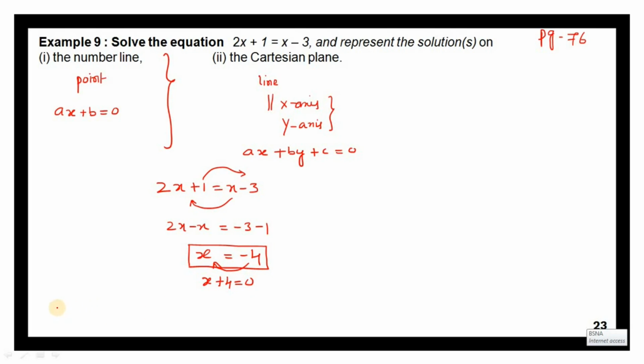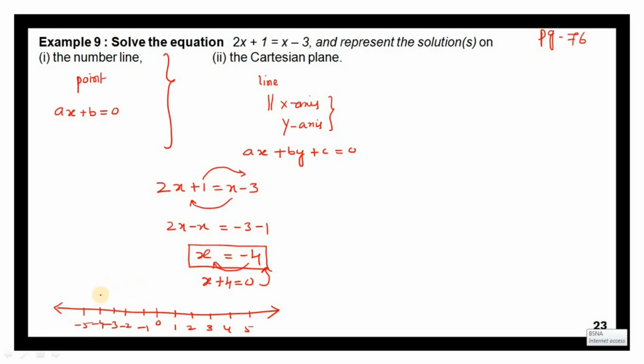Now we will represent on a number line. You know how to draw a number line. We have many numbers on it: 1, 2, 3, 4, 5 and so on, and minus 1, minus 2, minus 3, minus 4, minus 5 and so on. x plus 4 is equal to 0 is nothing but x is equal to minus 4.